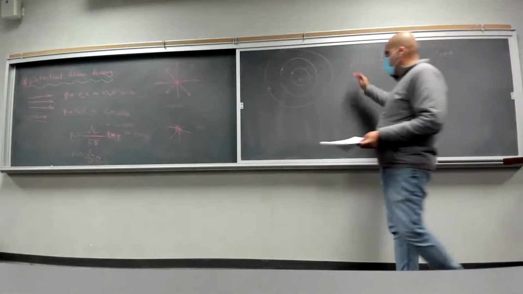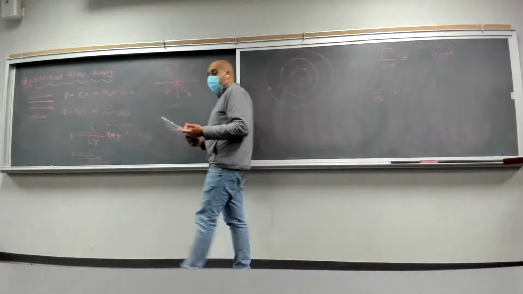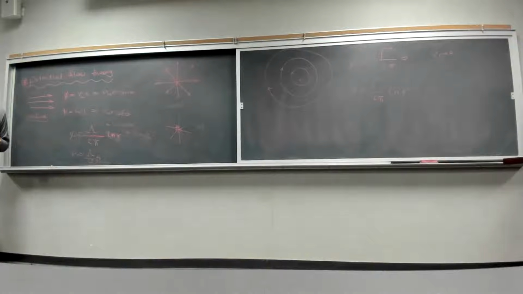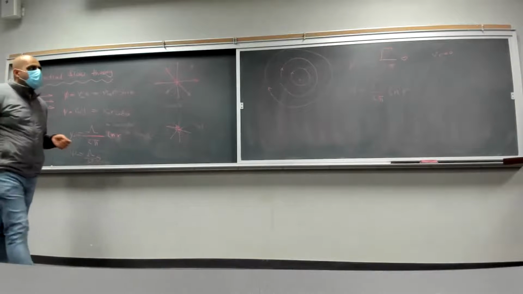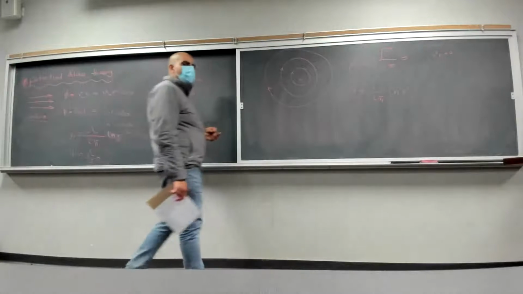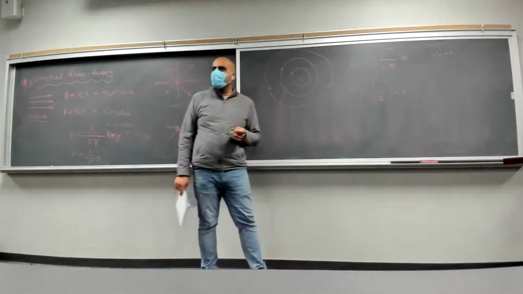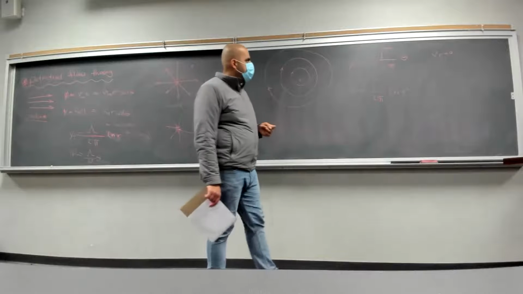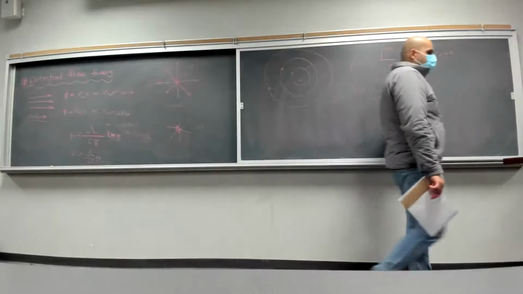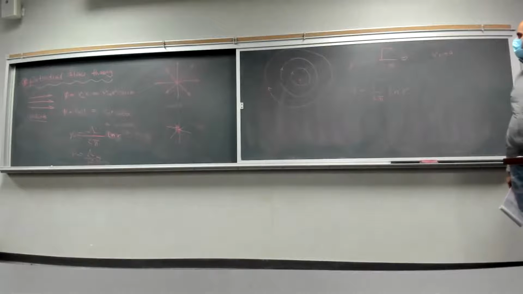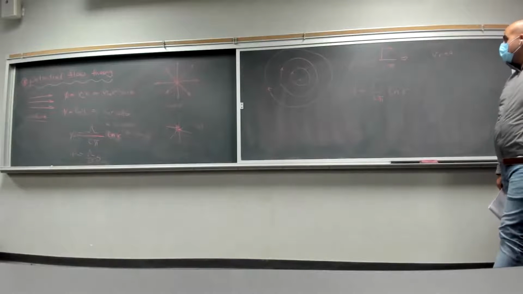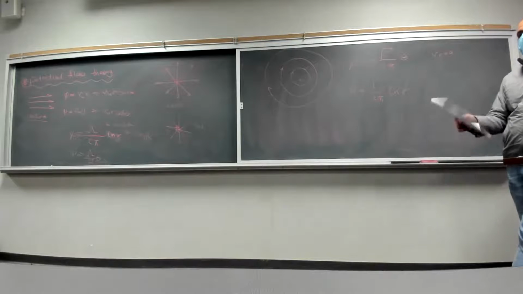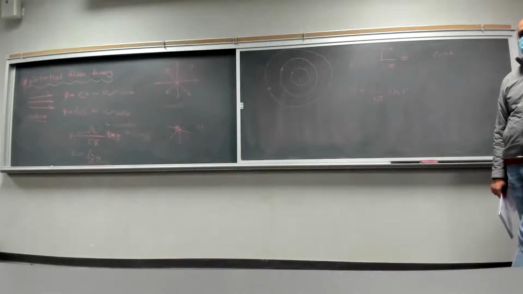What is V theta? You can use either of these to find V theta. What was the formula we had for V theta? Let's go for phi here. How can we find V theta using velocity potential? Does anyone remember? Or you can go back to your notes if you have them.